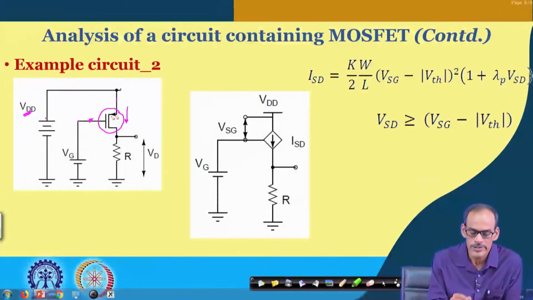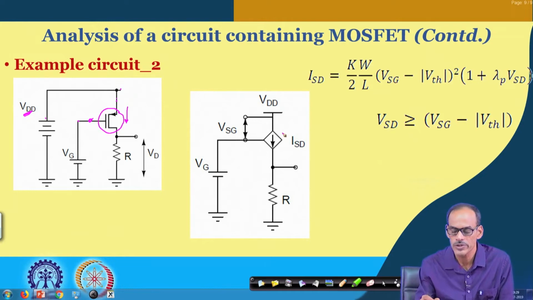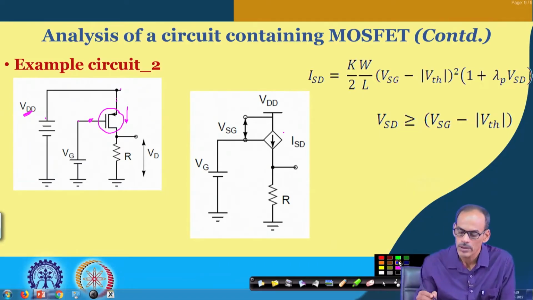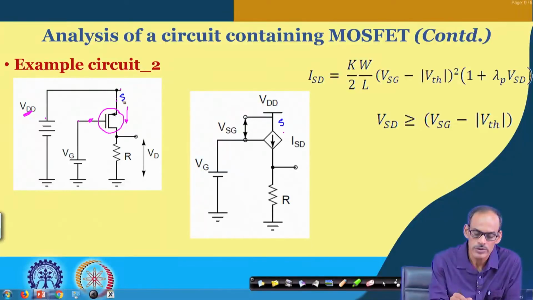Now, if you replace this device by its corresponding model, in this case this is the source, this is the gate and this is the drain, and we expect the actual current to flow from source to drain.